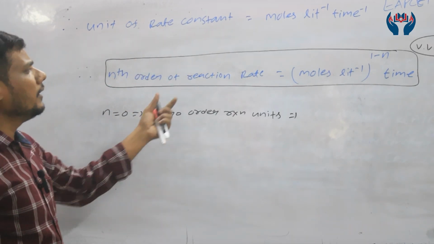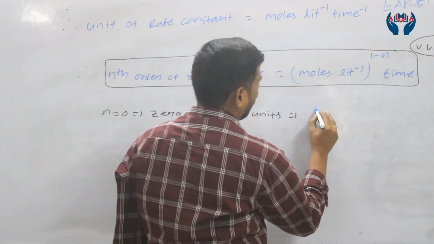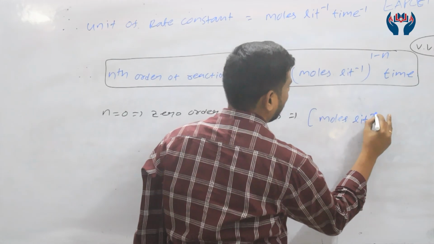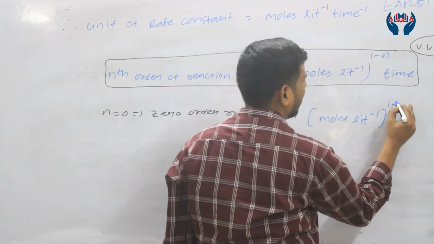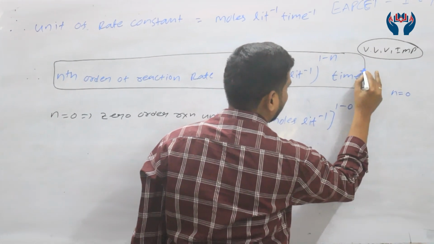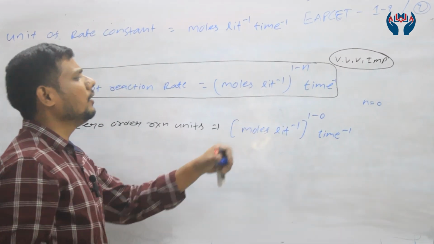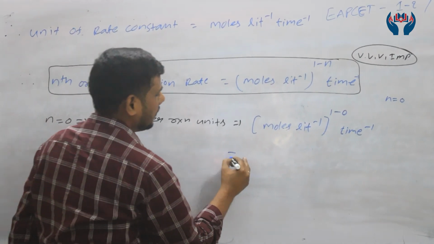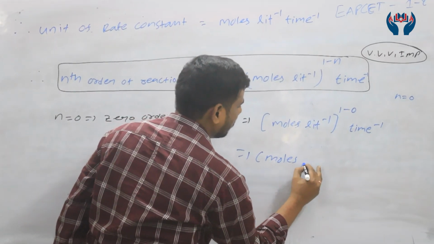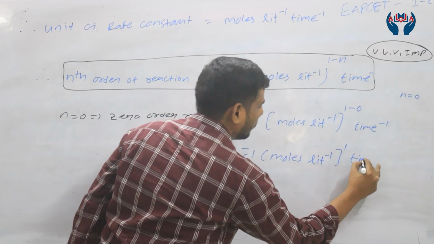We substitute n equal to 0 in this nth order reaction. That means moles per liter to the power 1 minus n, with n equal to 0, per time. 1 minus 0 means 1. Therefore, the units of a zero order reaction are moles per liter to the power 1 per time.